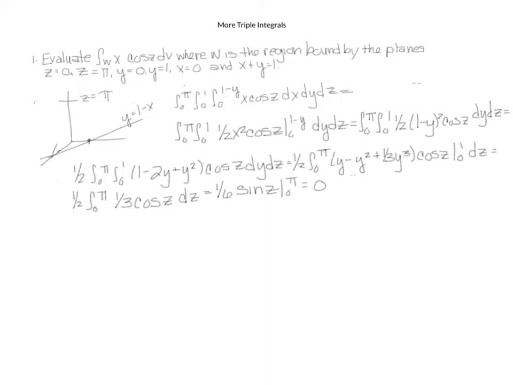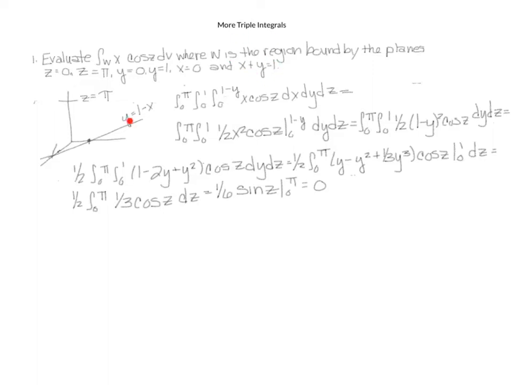y equals 0, I'm sorry, y equals 0 will be this wall here along the x-axis. And then y equals 1 is another wall that is at this line, but it parallels the x-axis. We have x equals 0, so that's this back wall. And then we also have this plane given to us by the equation x plus y equals 1.